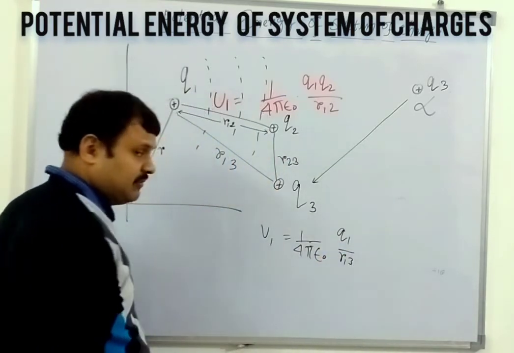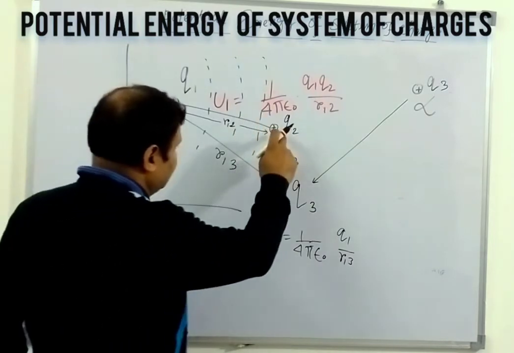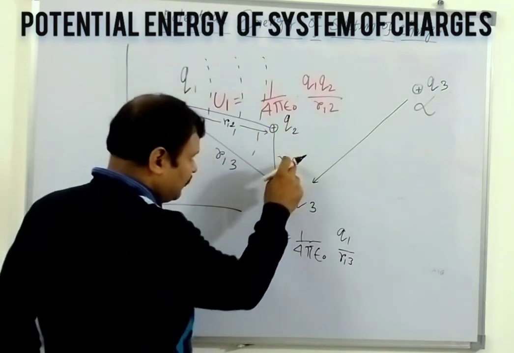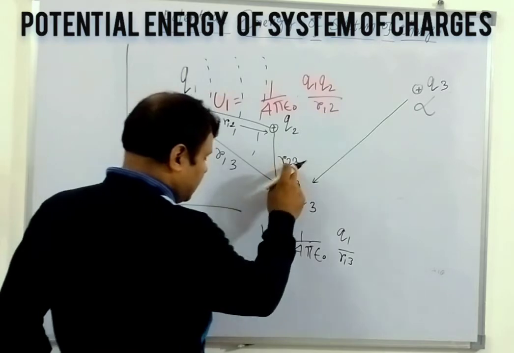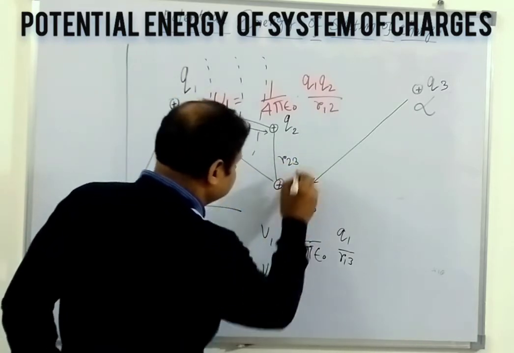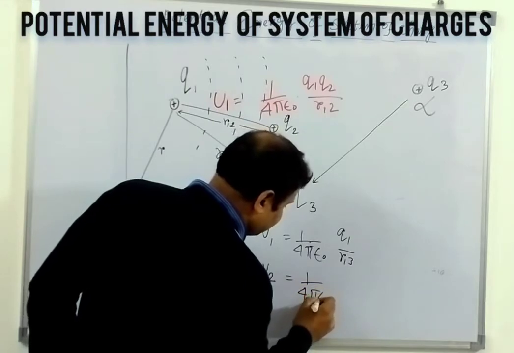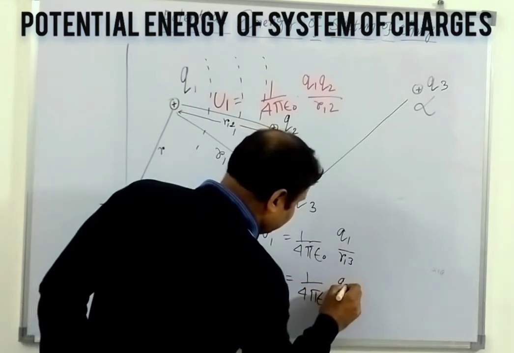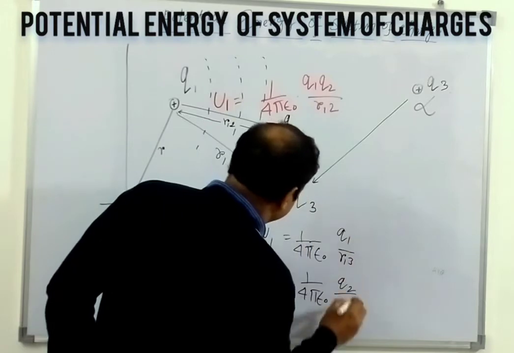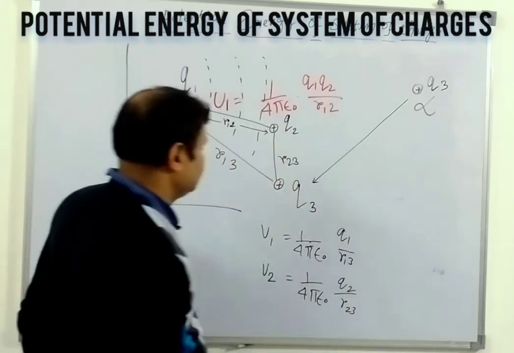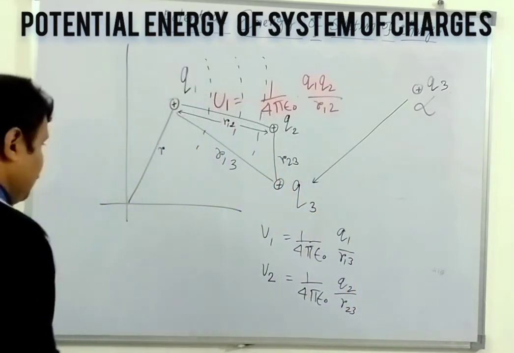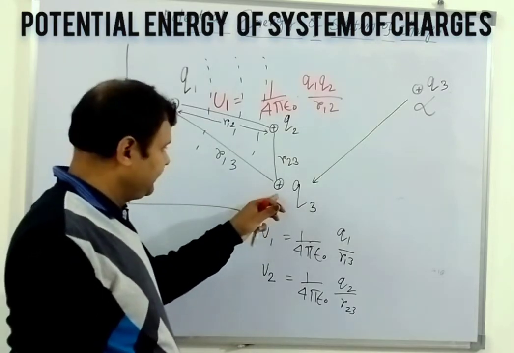Okay, and simultaneously the potential due to this Q2 at a distance of R23, suppose this is V2, will be 1 by 4 pi epsilon naught times Q2 over R23. Both these potentials will act on this point Q3.